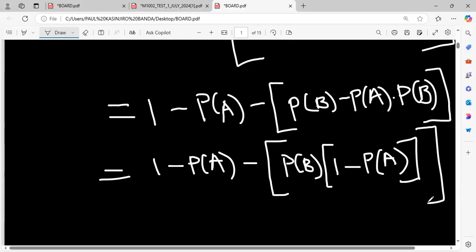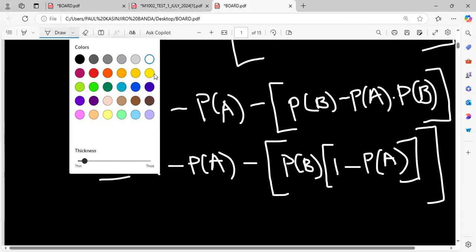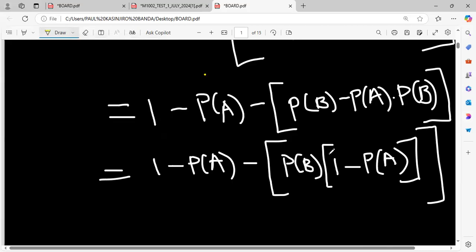Then from there, what do you notice from that expression that we have there? When I look at this expression here and this expression here, I can see something that is common. What is common between those two expressions?